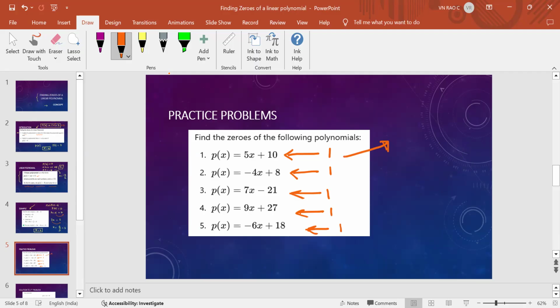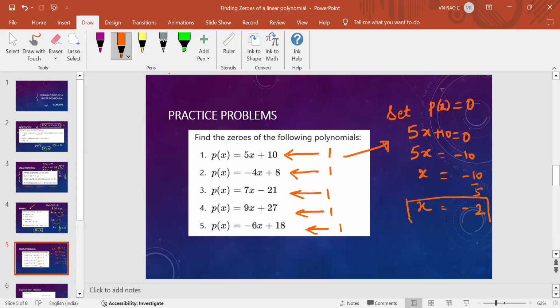Let me solve the first one. 5x plus 10 is equal to 0. Then 5x is equal to minus 10. We set p of x equal to 0, then x is equal to minus 10 by 5. This becomes minus 2. Here x is minus 2, which we call a zero of the polynomial.